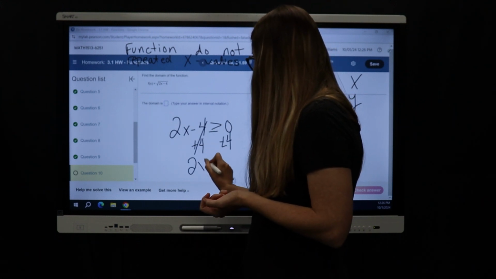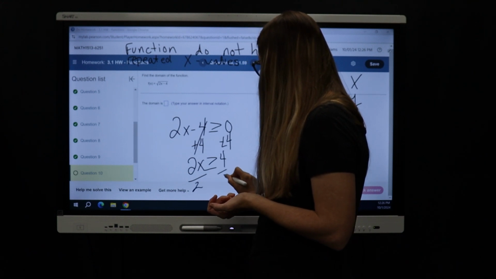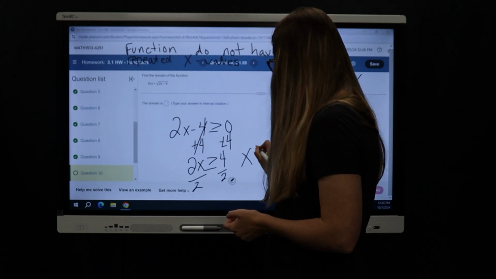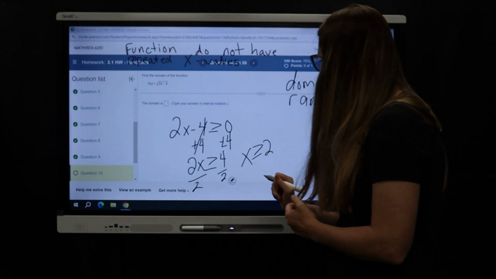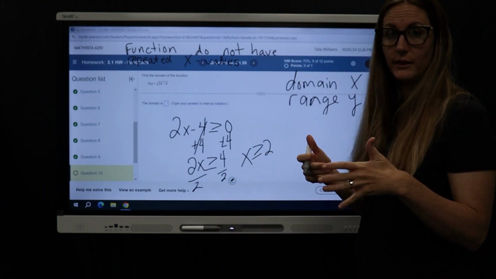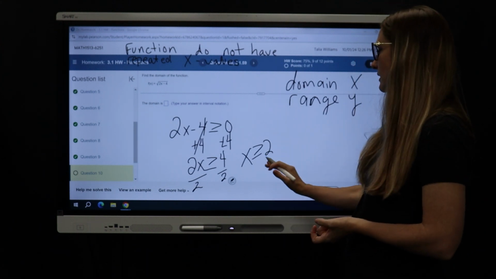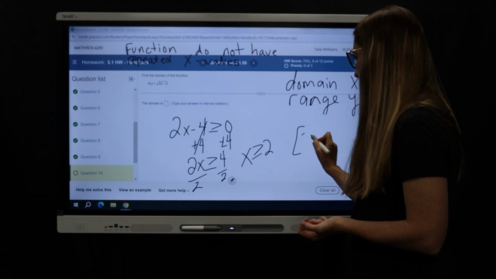So 2x is greater than or equal to 4 divided by our 2. So x is greater than or equal to 2. Right. And this right here is where all of our interval notation stuff we've done previously comes into play. This one is equal to. If it's equal to, it's a bracket.